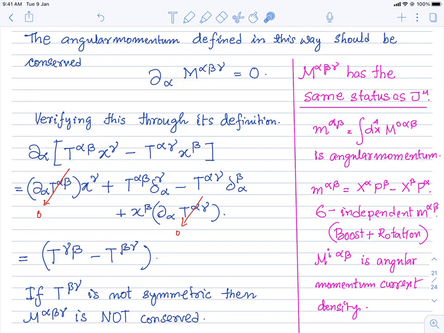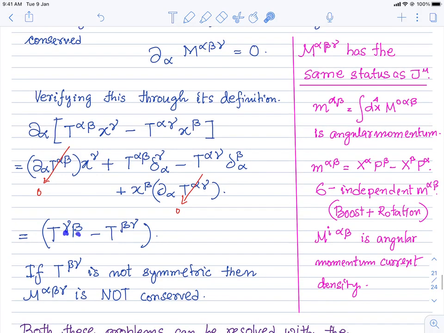But then I have these two terms where there's a del alpha which acts here, and a del alpha which acts on here, and that gives me T gamma beta minus T beta gamma. And if this is not 0, then the angular momentum would not be conserved. So the stress tensor has to be symmetric if there's angular momentum conservation.